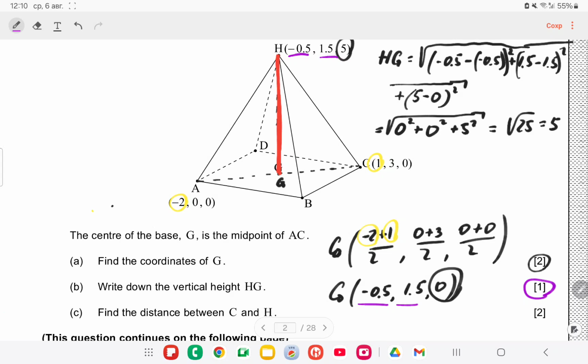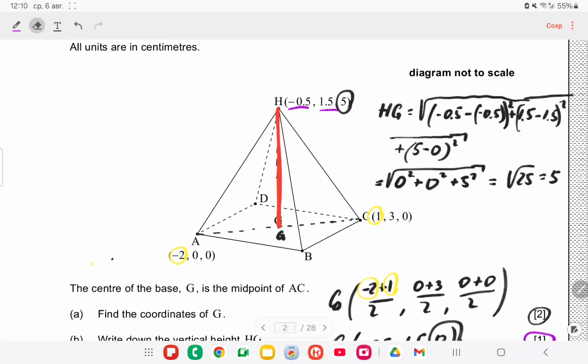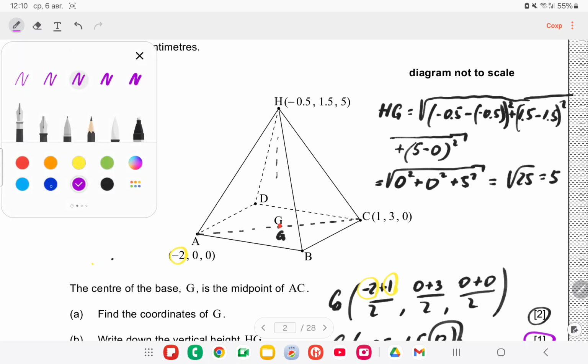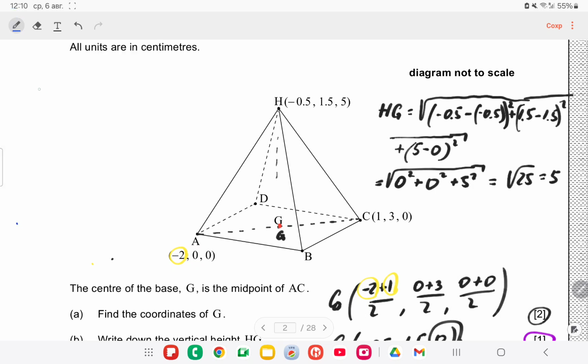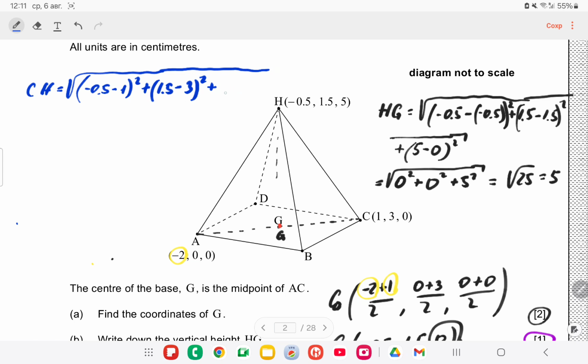Okay, and the last part, find the distance between C and H. C and H, this is actually not related to the previous steps. We can simply find the distance between C and H by using the same formula. So CH is equal to the square root of negative 0.5 minus 1 squared plus 1.5 minus 3 squared plus 5 minus 0 squared.